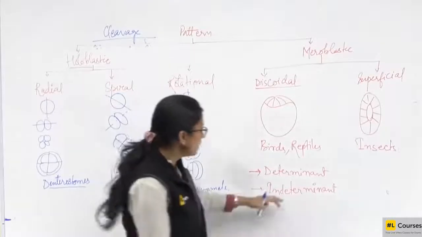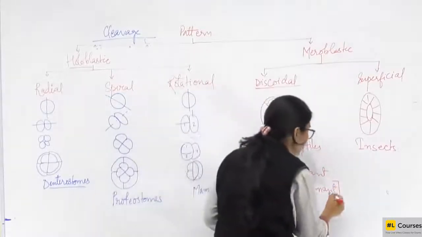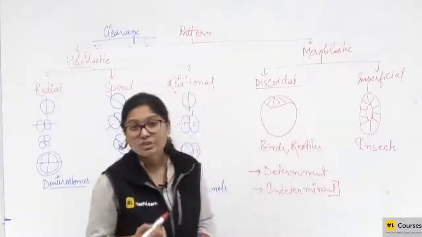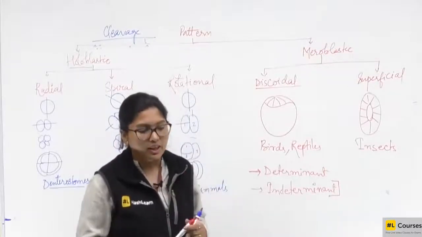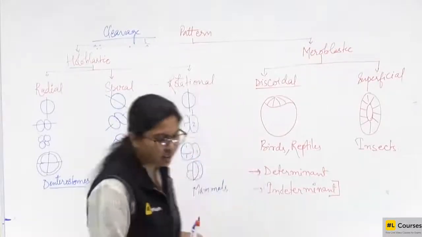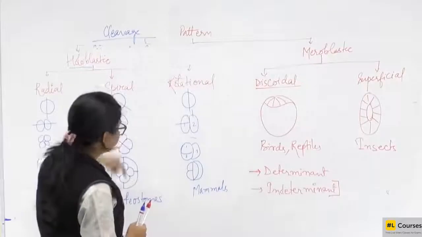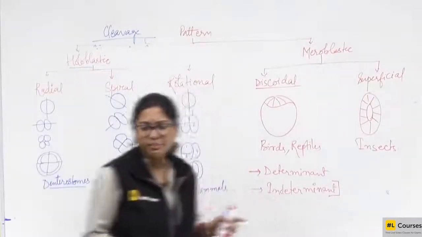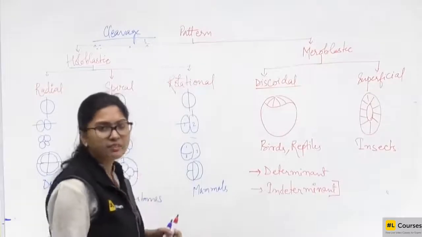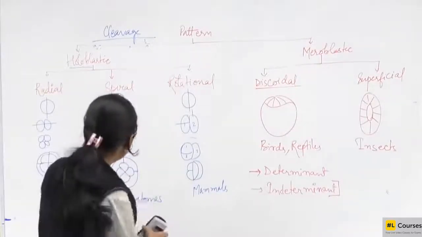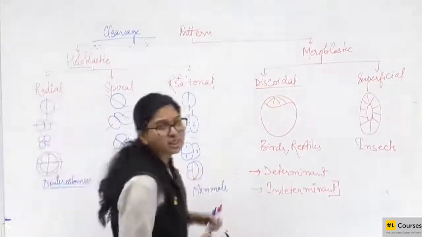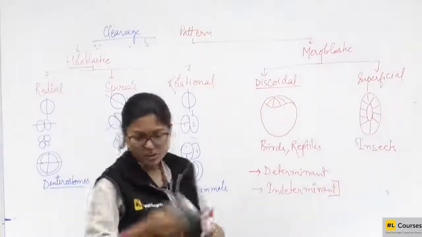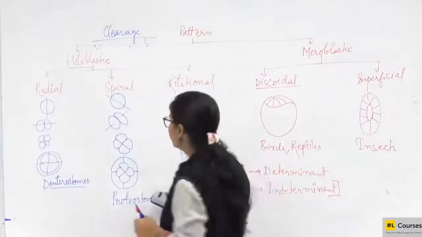So the indeterminate kind is found in mammals. Like in humans, the division will be indeterminate. In lower organisms, division is determinate. Like in echinoderms, the division is determinate. So these are the different types of cleavage.